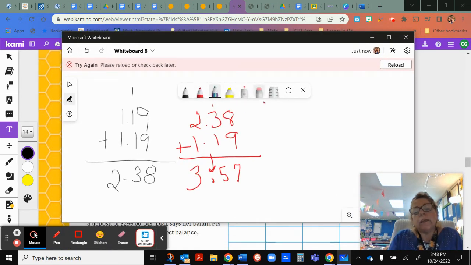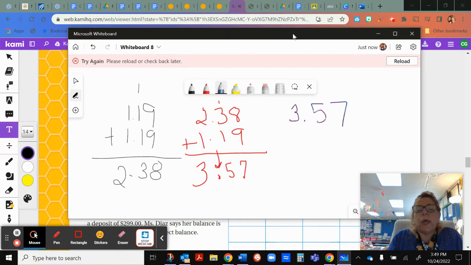I'm going to switch ink and go to $3.57. That's not a 3. Let me fix that up there. That's a funky 3. $3.57. And, oh, I don't know what I'm doing.